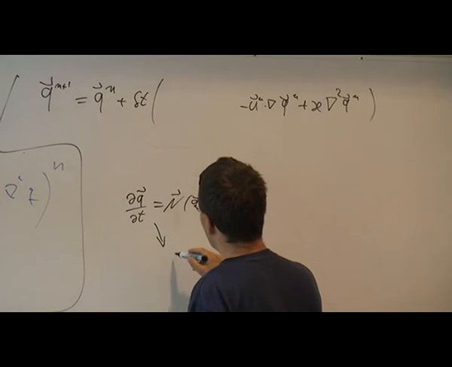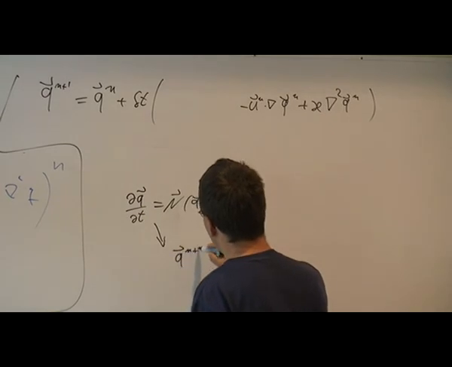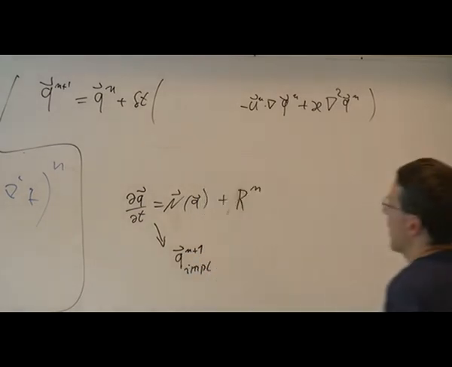Let's see. That gives us a solution Q n plus 1 implicit.